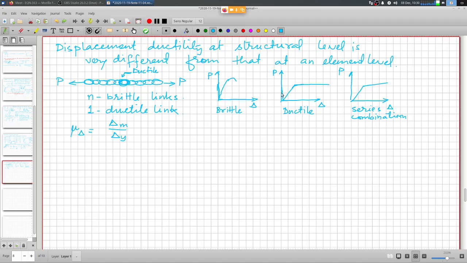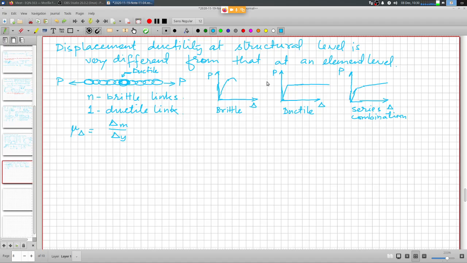So I would change this just to make it clear that the initial stiffness is the same for both. Let's not complicate it too much.